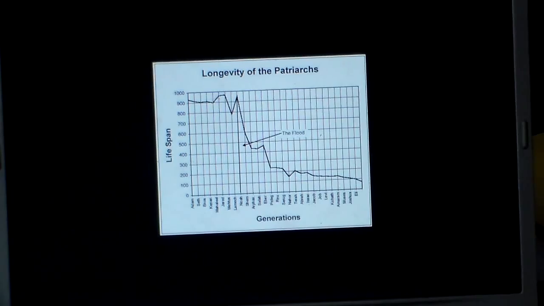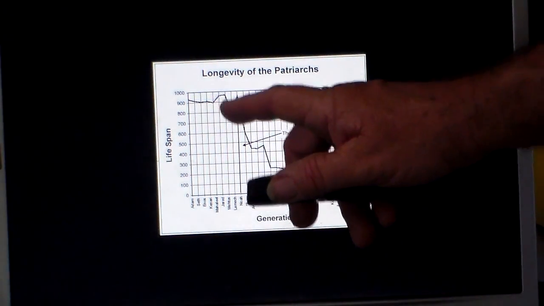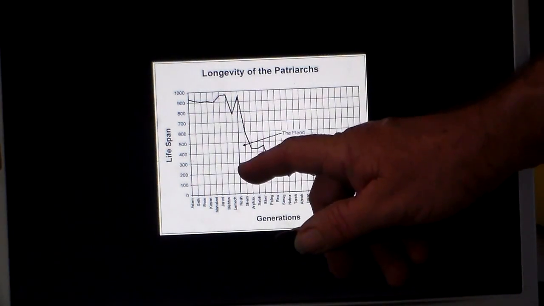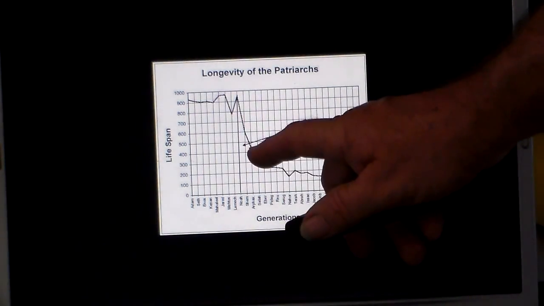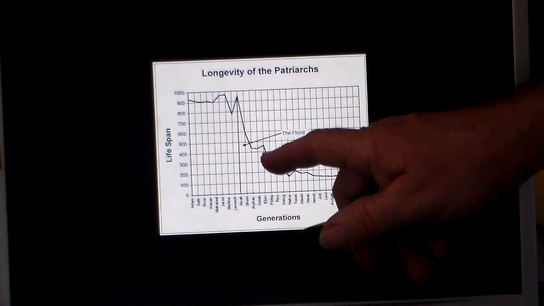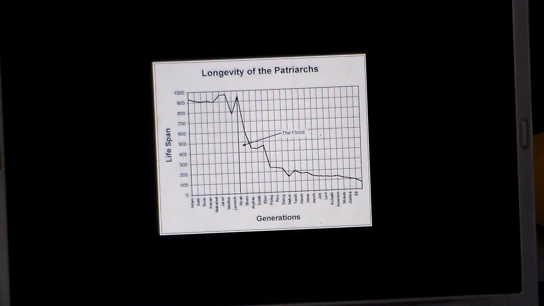Here is a chart from the Bible that shows the longevity of people, and here's Noah, who lived a long time, and then suddenly his son dropped down and it lost lifespan by a third. Then out here, it levels out, and then it suddenly drops another third, and this is in the days of Peleg. It says when the earth was divided.